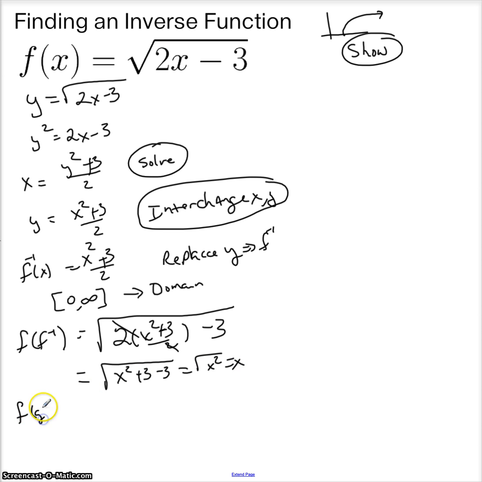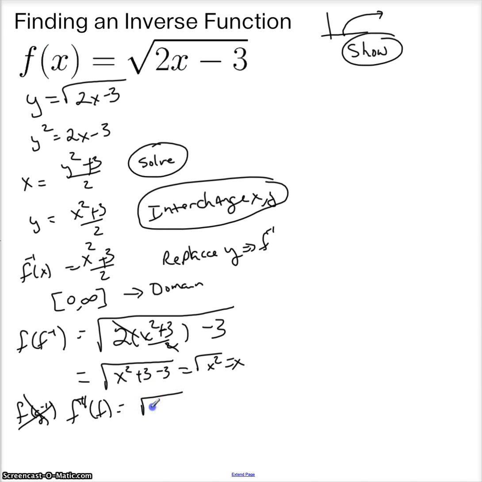Now f inverse of f, okay, so I'm going to start with my inverse function, which is x squared plus 3 over 2.